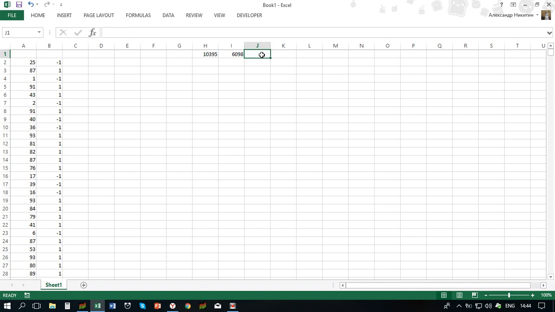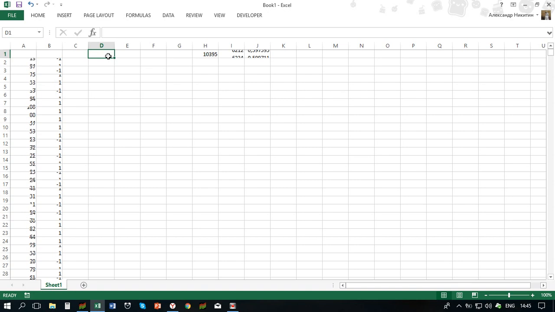And now we can calculate the accuracy. The accuracy equals winners divided by total. It is 60%. There is the button that can recalculate them all. It is called F9. Yes, if I press F9, you can see the accuracy: 61, 60, 59, 59, 59, 60, 60, 60, 59, 60.